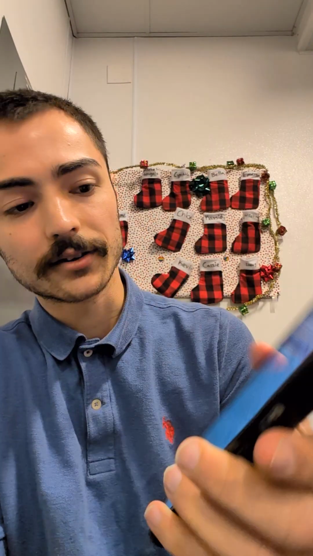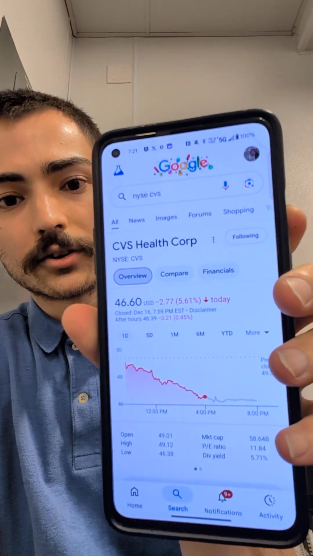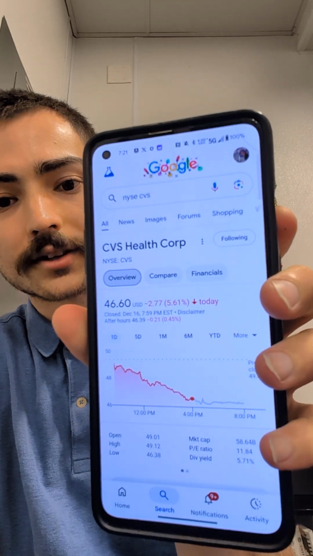So another thing I like to look at is the description of what the company does, and how you find that is when you type in that specific stock that you're looking at. Generally on Google, you've got a couple different tabs that you can click on, and one of them is financials.